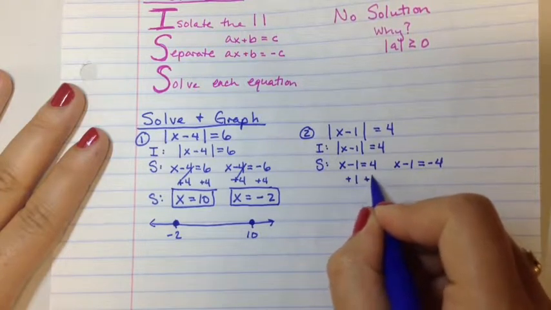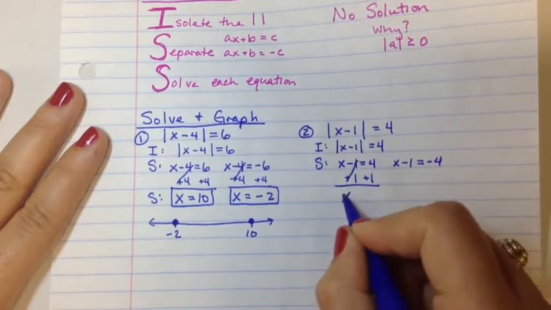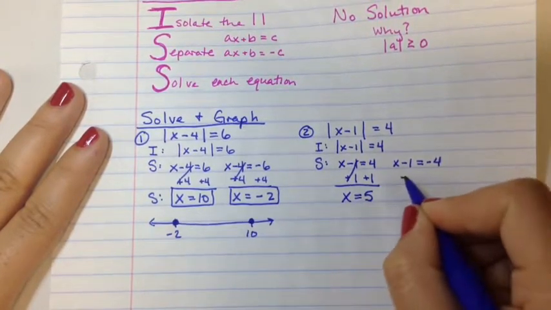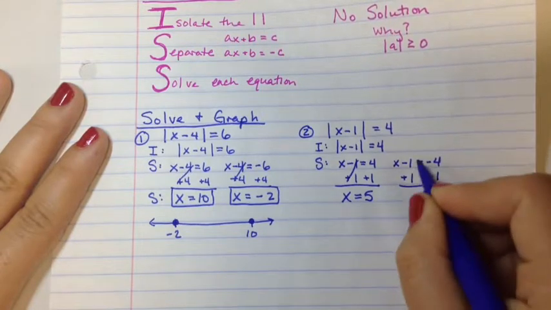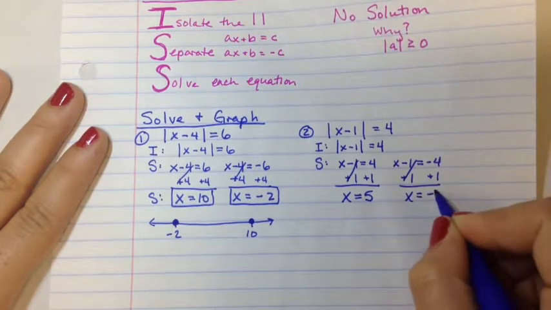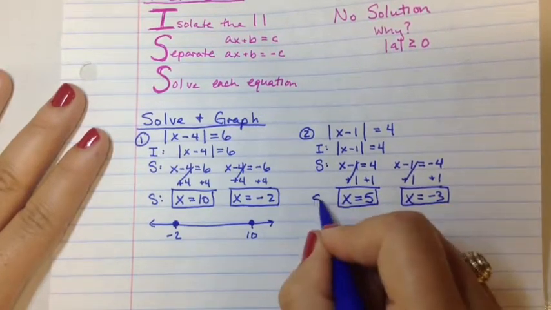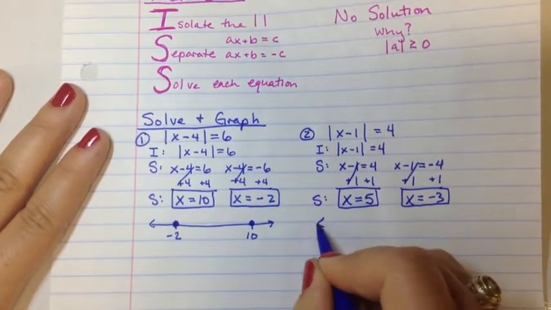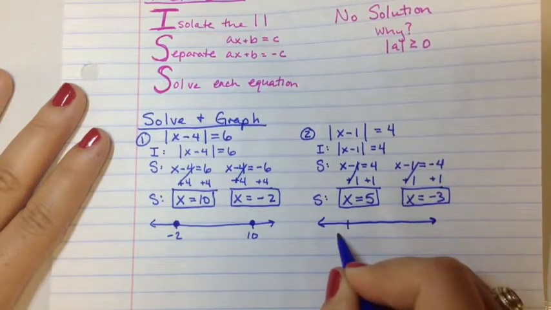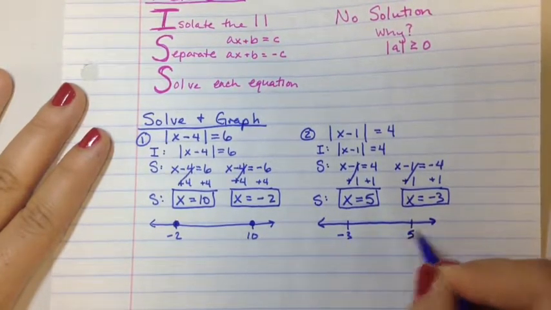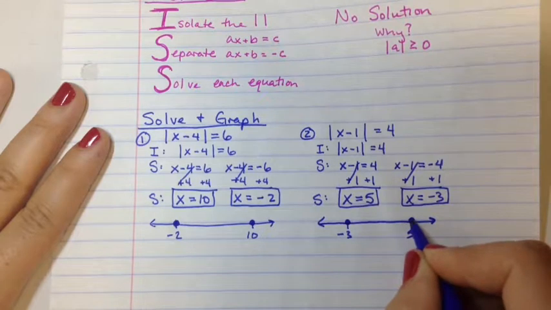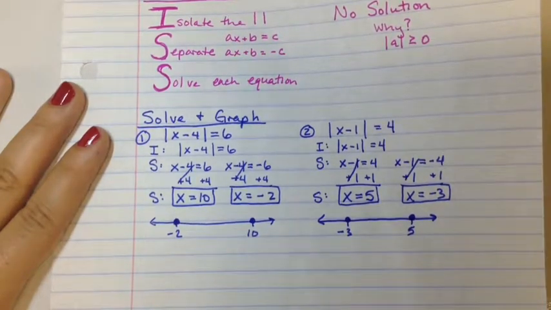Then I simply solve using inverse operations. x would be equal to 5, and x would be equal to negative 3. There's my solve step. To graph on a number line, I just plot the two points. How'd you do?